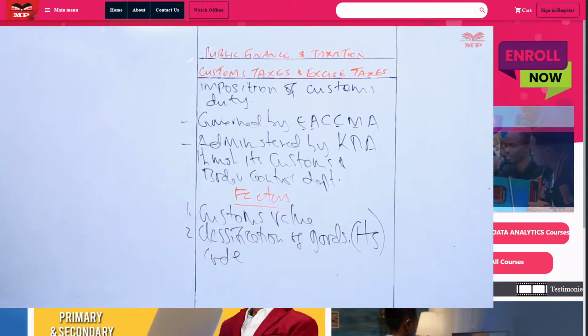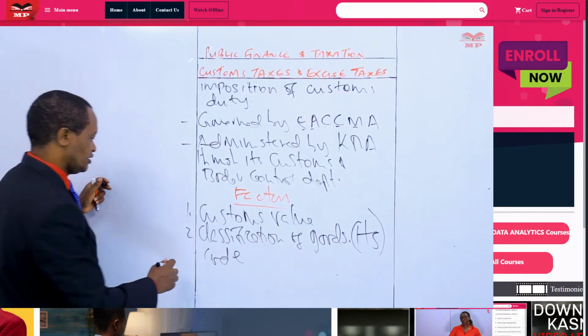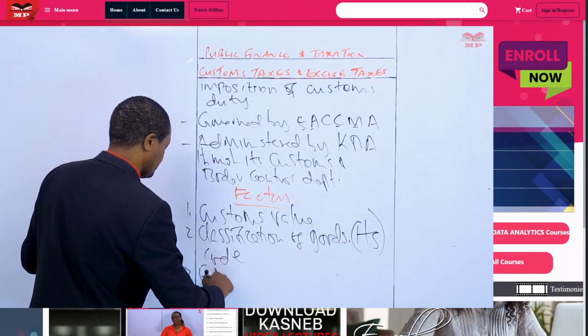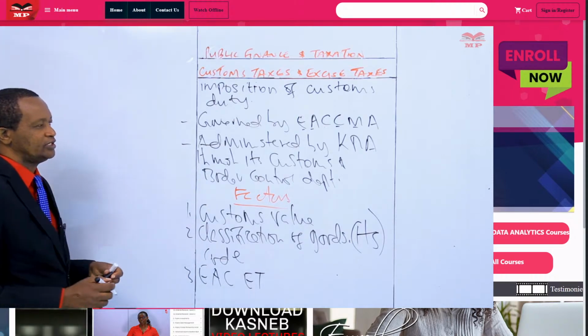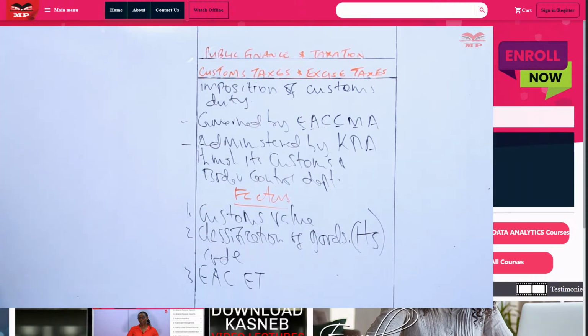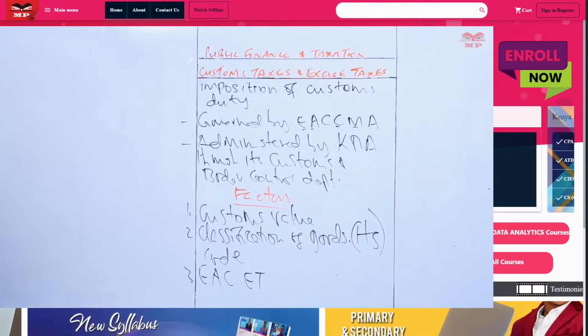Then we have the East Africa Community external tariff. The East Africa Community external tariff can also determine the amount of customs to pay. Kenya, we know candidates, is an East African Community member state, and the external tariff applies to Kenya.